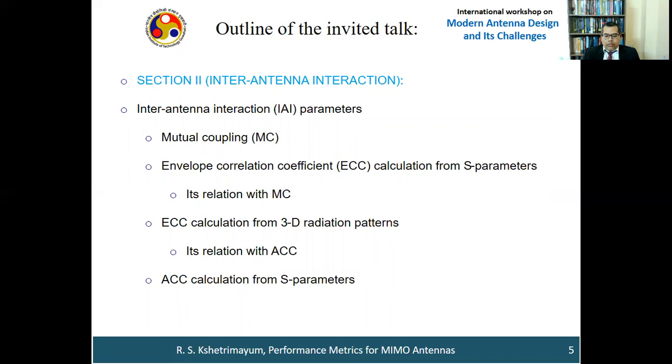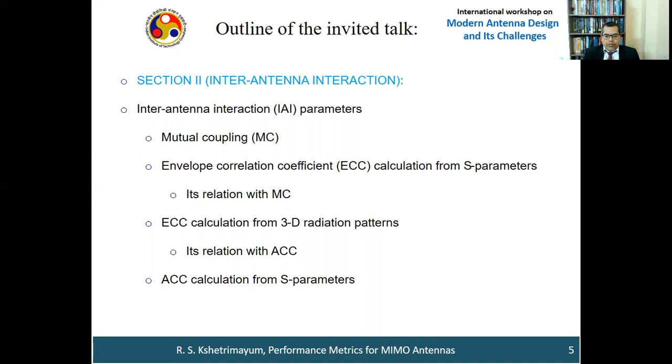Then we'll discuss how to calculate the antenna correlation coefficient. The antenna correlation coefficient can be calculated from the scattering parameters as well as from the envelope correlation coefficient. It is always wise to calculate the envelope correlation coefficient from the 3D radiation patterns because it is highly accurate, and the envelope correlation calculation from scattering parameters is applicable only for highly efficient MIMO antennas.